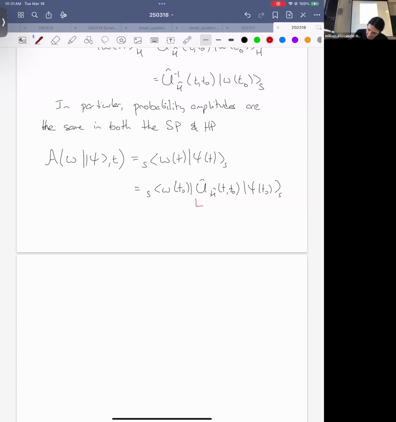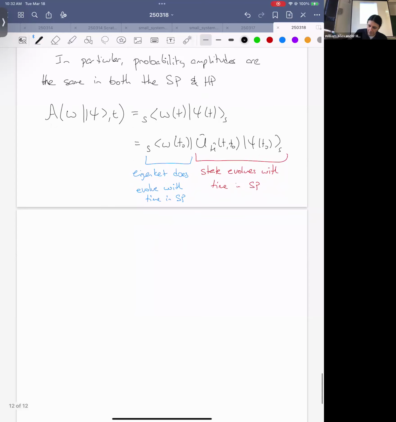So I'm saying that the state evolves with time in the Schrödinger picture, and the eigenket does not evolve with time in the Schrödinger picture, because operators don't evolve with time in the Schrödinger picture.